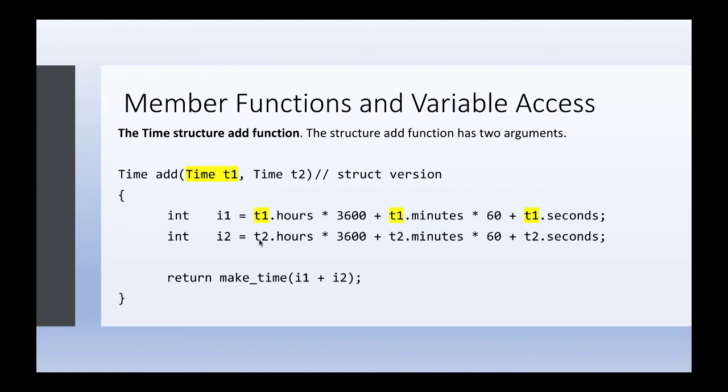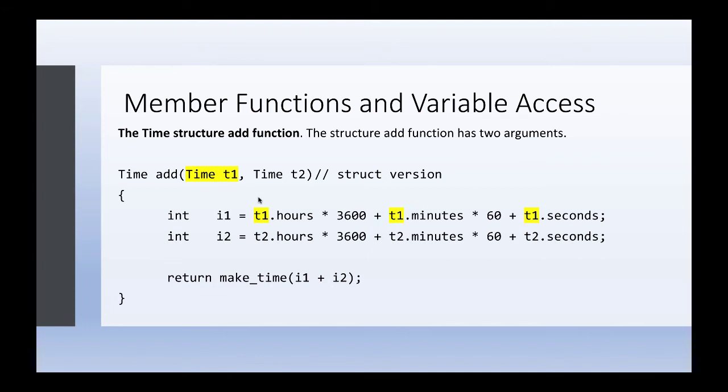What I'm trying to get at is that we have this T1 being passed into our function, and when we use that variable and then a dot operator, we have access to that object's parameters. So T1.hours has a copy of whatever that T1 object's variables were that are stored in that object.